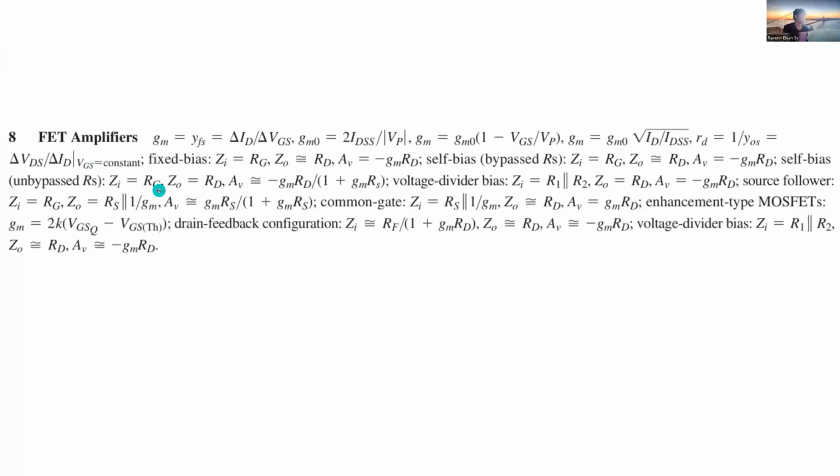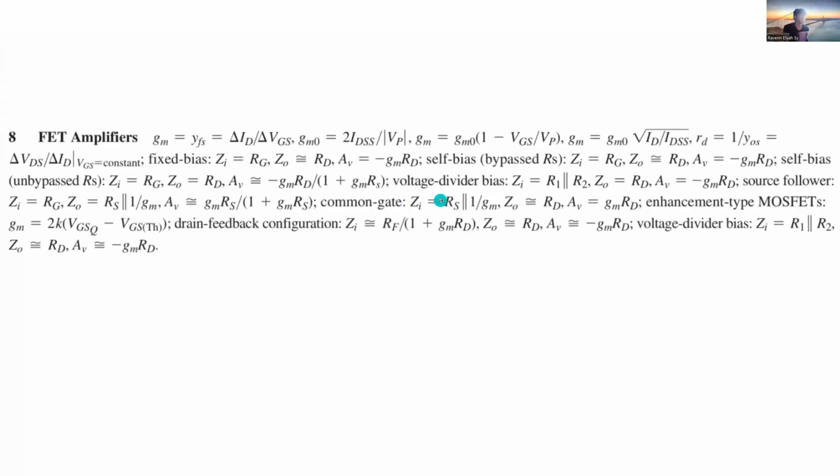Then we also have the DC biasing configurations. Fixed bias: we have the input impedance, output impedance, and the gain. We also have the self bias with bypassed RS: input impedance, output impedance, and the gain. We also have self bias with unbypassed RS: input impedance and output impedance.